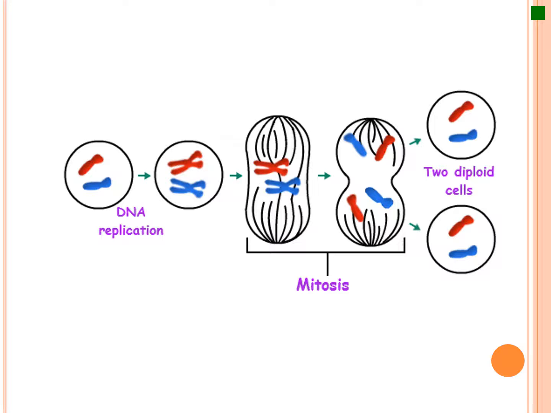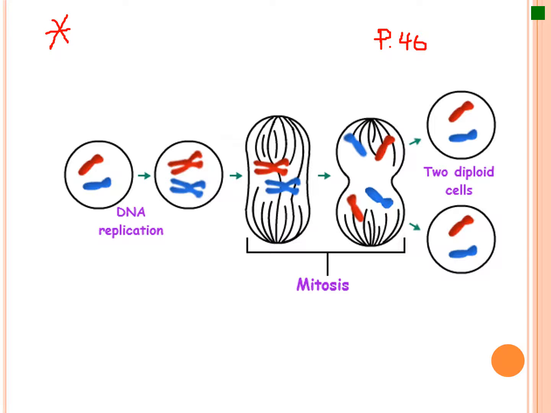Okay, so here's a diagram of mitosis. I'm going to star this here because you do need to know this diagram. You need to know what's happening. And if you look on page 46 of your textbook, it has a really nice diagram of both processes we're going to be talking about.